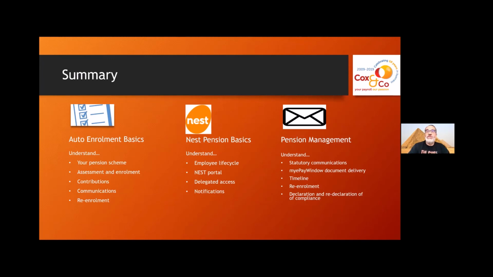Those are the documents that are completed and returned to the pension regulator to say, yes, we've done all the things that we need to do, either on your staging date, or in the more likely scenario for everyone here, at the point in time you've reassessed your workforce and carried out re-enrollment. You tell the pension regulator what you've done, how many employees you had on your workforce at the time, how many people were already in a pension scheme, how many needed to be re-enrolled, etc., etc.